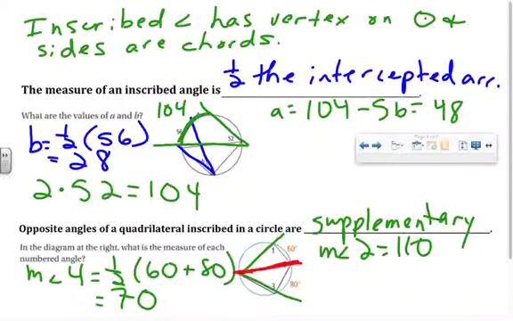Angle 3 is an inscribed angle intercepting that 180. And inscribed angles are half of their intercepted arcs. So that's why measure of angle 3 is 90. And the measure of angle 1 is also 90. Gorgeous.